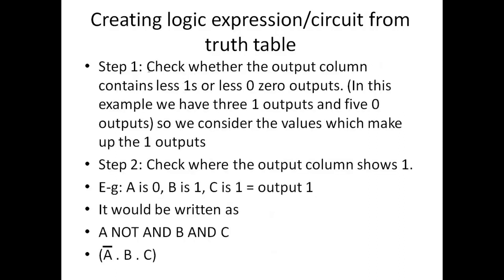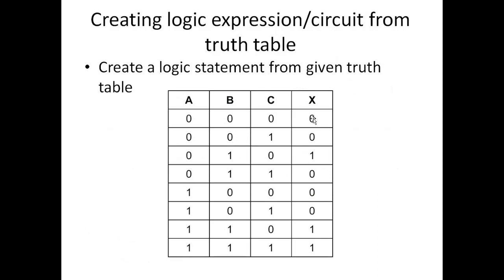For solving, step 1, first of all check whether the output column contains fewer 1s or fewer 0s. Over here in this example I have 5 zeros and 3 ones, so that means the number of 1 outputs is less.